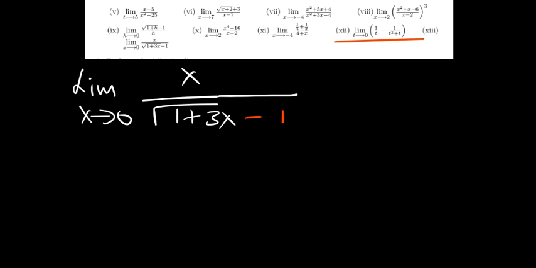So here you see I gave you an example of question 9. I said even if it's on top, it's basically the same concept. So you know, if you substitute, you're going to have a 0 on top. So as a good practice, multiply by the conjugate. So root of 1 plus 3x plus 1.